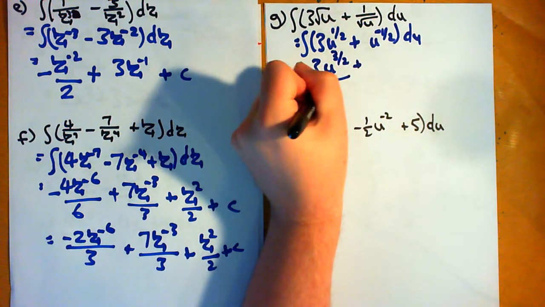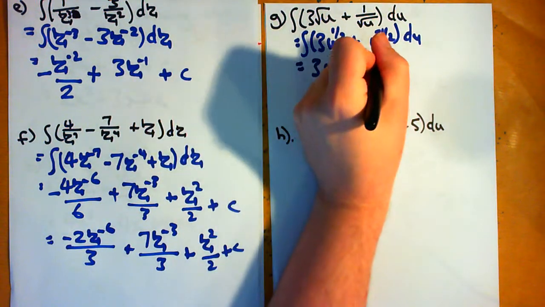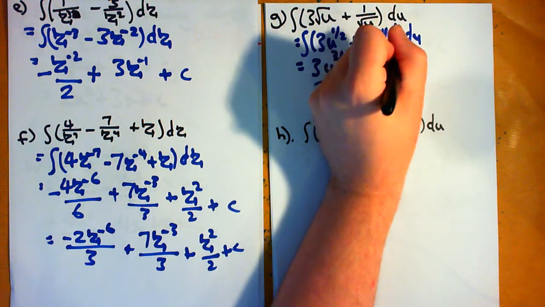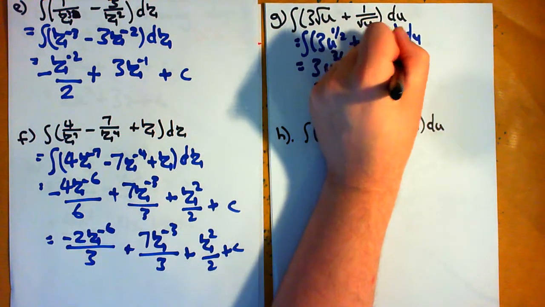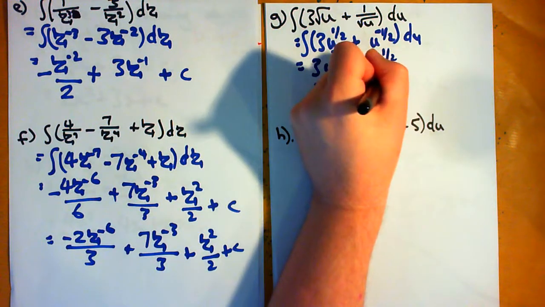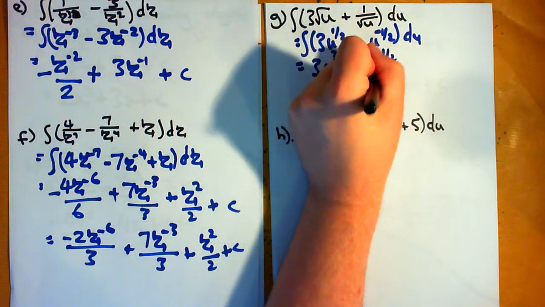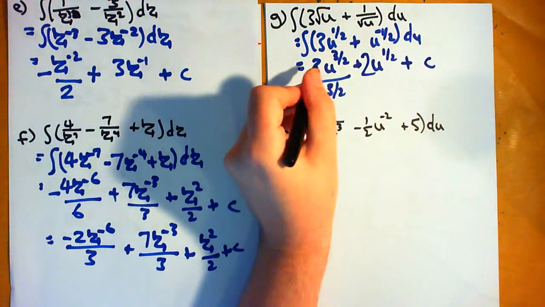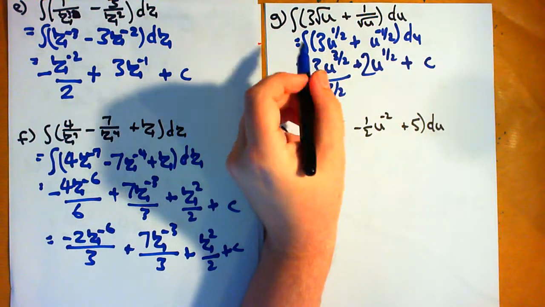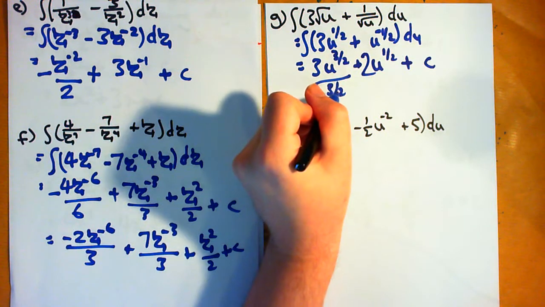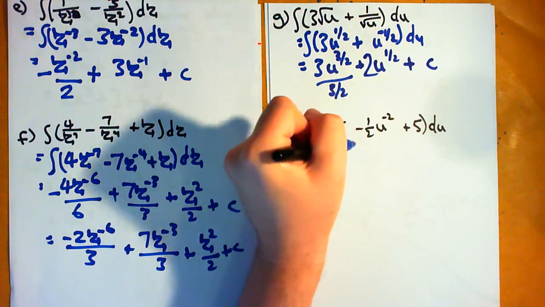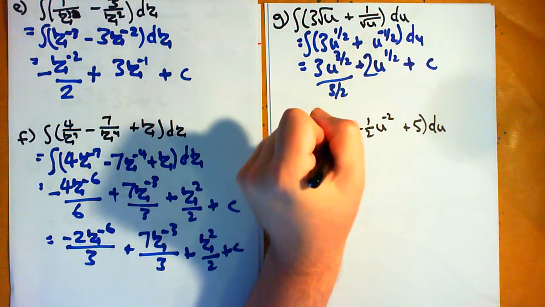so we need to divide that by 3 upon 2, plus u to the power is going to be minus 1/2 plus 1 is positive 1/2, divide by half, which is the same as times 2, plus c. And simplify what we can here, so we're dividing by 3 upon 2, which is the same as times the reciprocal, so times 2 upon 3.